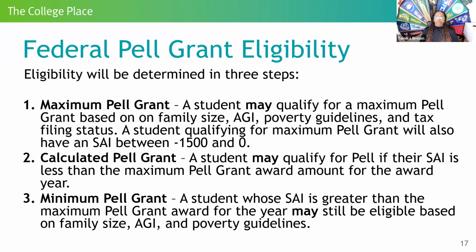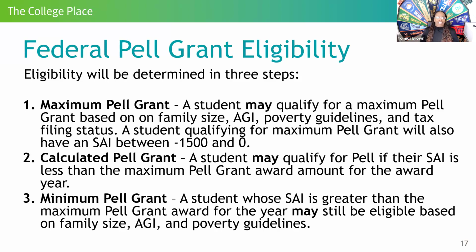A student may qualify for the maximum amount of the Pell Grant, which this year is around $7,500. They could be considered for the maximum amount of the Pell Grant based on family size, adjusted gross income, poverty guidelines, and tax filing status. A student qualifying for the maximum Pell Grant will also have an SAI between -1,500 and 0.